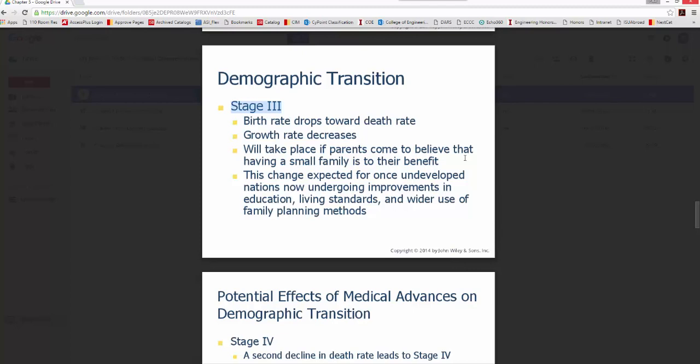If you think about the early part of the 20th century, the 1900s through the 1930s, it wasn't unusual to see large families of 5, 6, 7, 8 children, and even larger. But as we go forward in time, families started cutting back on the number of children, and so the birth rates would drop toward the death rate. So that is indicative of stage 3 in terms of demographic transition.